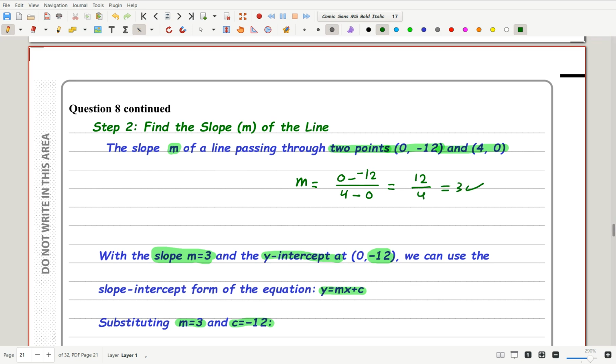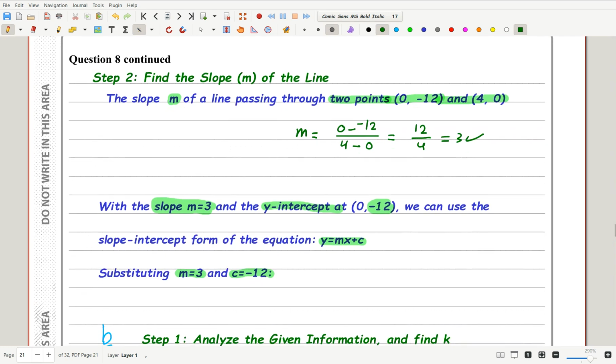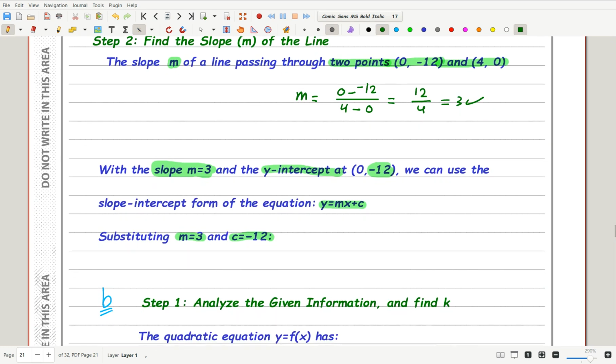So this is the slope. Now we know the slope equals 3, and the y-intercept from the given point (0, -12) is -12, and the form that we need is y equals mx plus c. So y equals 3x minus 12.